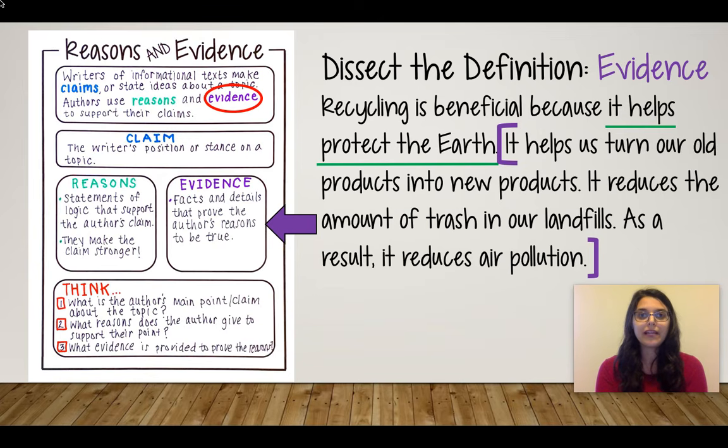I'm proving my reasoning with evidence. We can make new products from the old ones, and by doing that, we reduce the amount of trash in our landfills, and then ultimately this reduces air pollution. There we have it. Now I just proved to my reader, here's my point, here's my reasoning, and here's my evidence to support my reasoning. That way they know that I'm stating true facts.